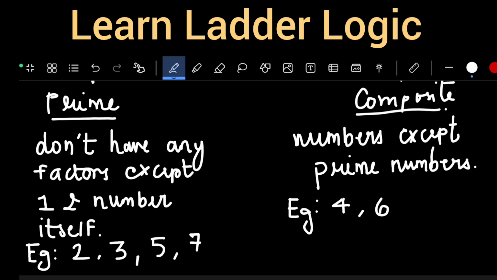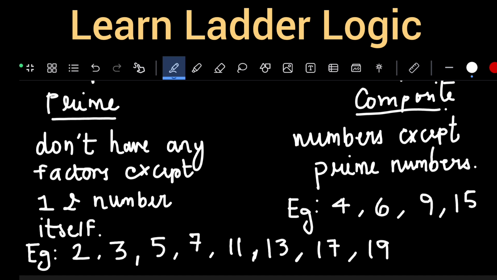Now 9 is a composite number because 9 comes in three tables and the nine tables. 11 is a prime number. 13 is a prime number. 15 is a composite number because it comes in three tables, five tables and 15 tables. 17 is a prime number. 19 is a prime number, and the list goes on.